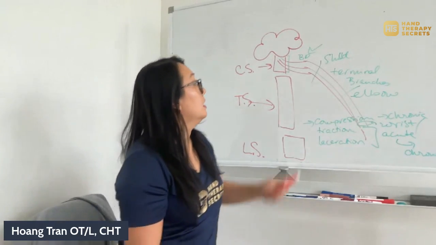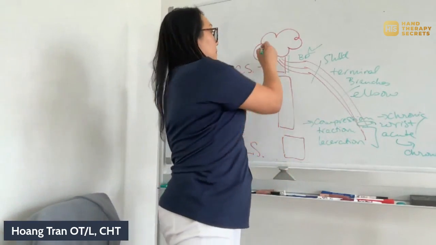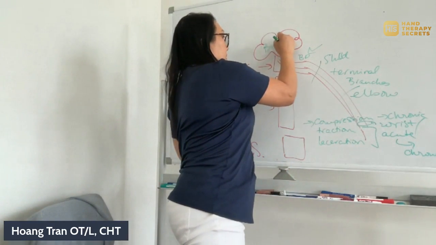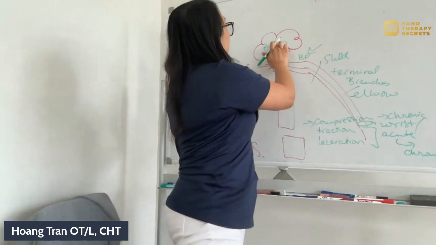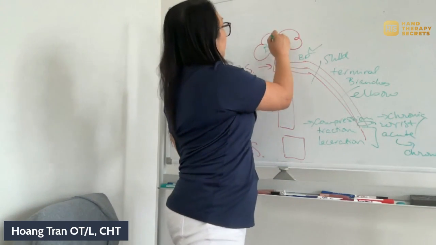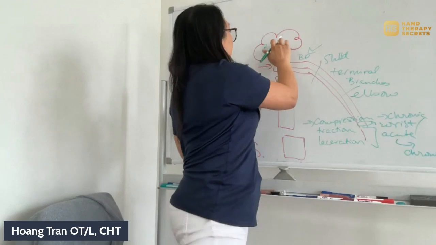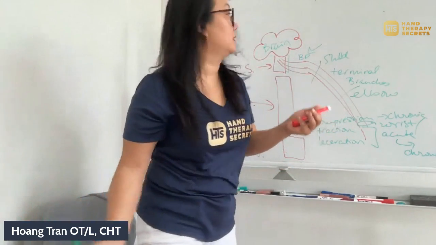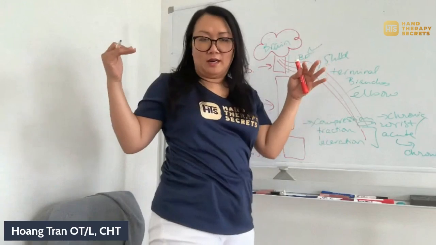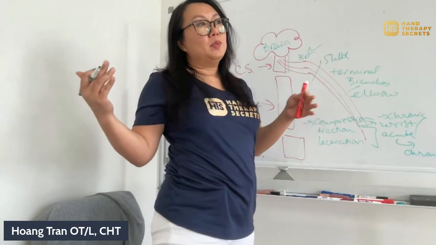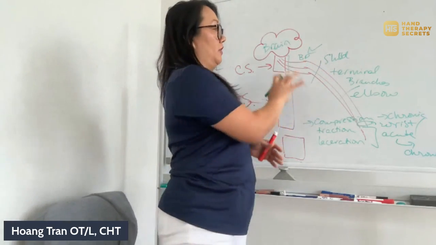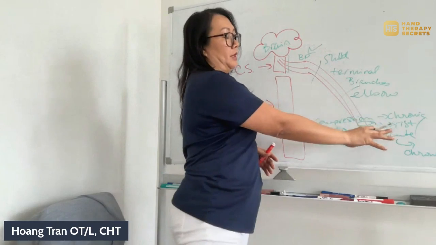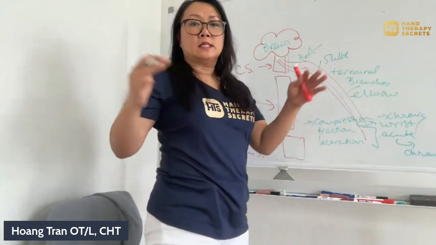Now, of course, here is your brain. Did I spell that right? Brain. I'm a very bad speller; I always have to write it twice. This is your brain. A peripheral nerve injury presents itself one way.